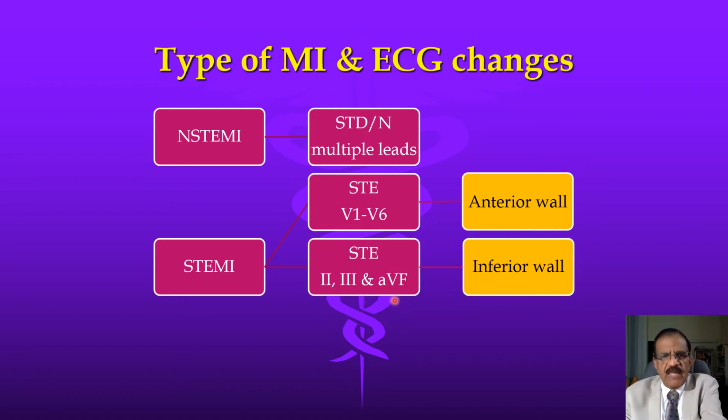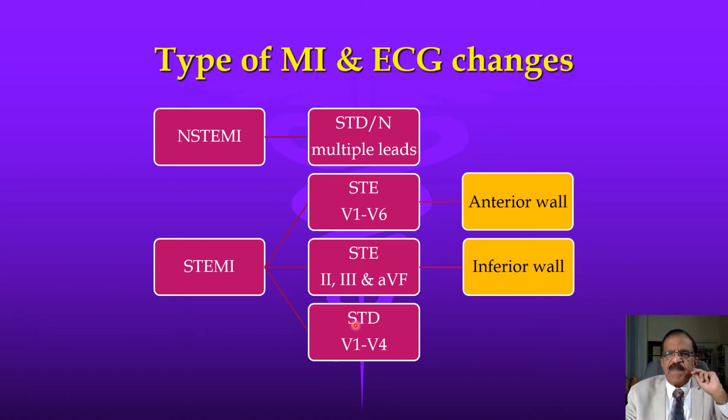And the third possibility is that if there is ST depression in V1 to V4, this is a little tricky because there are no leads which represent the posterior surface of the heart. So either we place additional leads V7, 8, 9 on the back of the chest, or we look for opposite changes in the opposite group of leads. So instead of ST elevation, we see ST depression, and instead of posterior leads, we see the changes in the anterior leads; it would have the same interpretation.